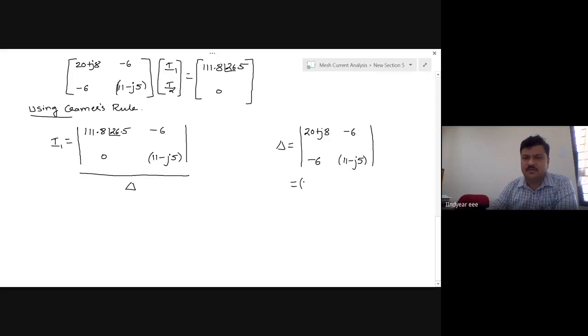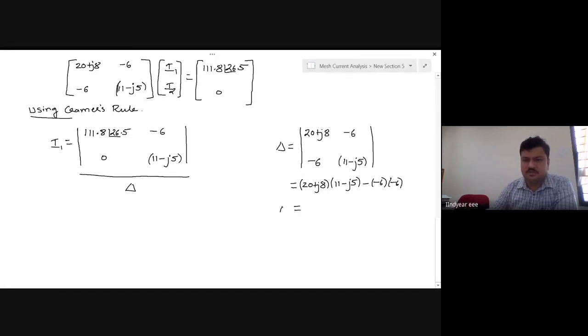So it will be (20 plus j8) into (11 minus j5) minus (minus 6) into (minus 6). This is equal to what? Please tell the answer.